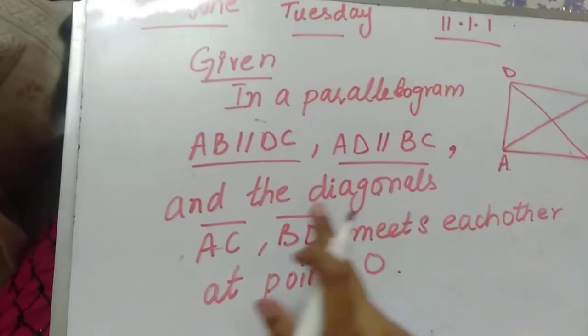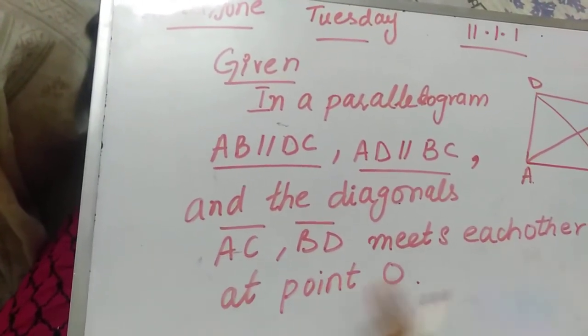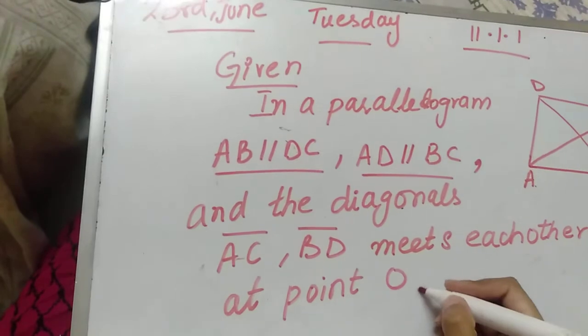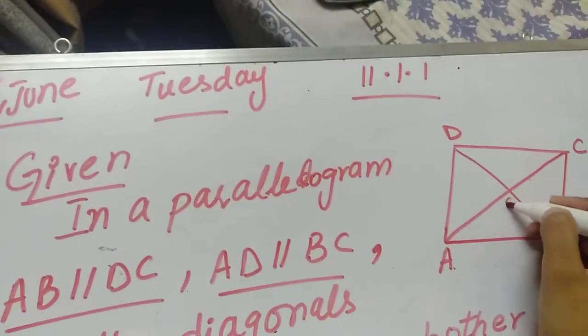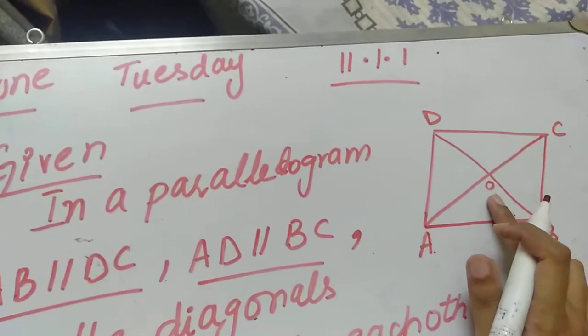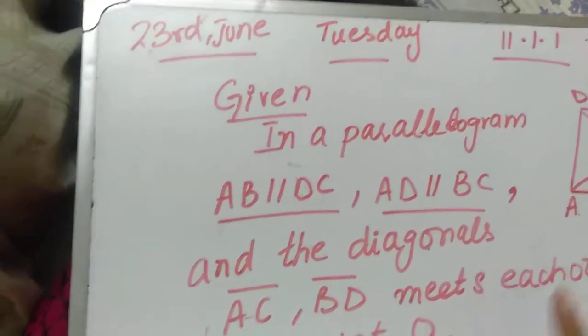This is also the diagonals AC and BD meet each other at point O. This is the property of a parallelogram, that the diagonals bisect each other and meet at some point. So we have named it as O. This is the given property of a parallelogram.